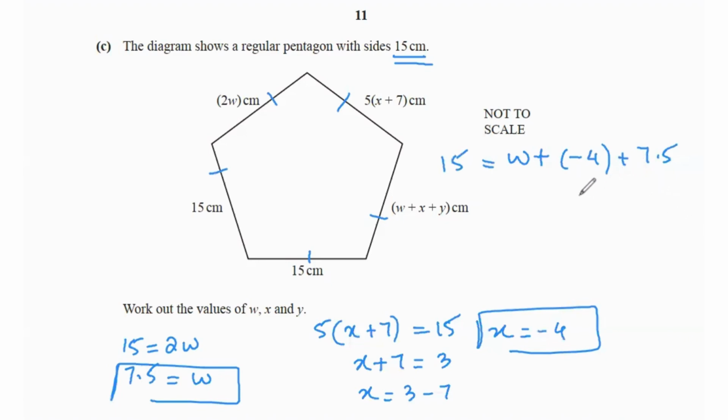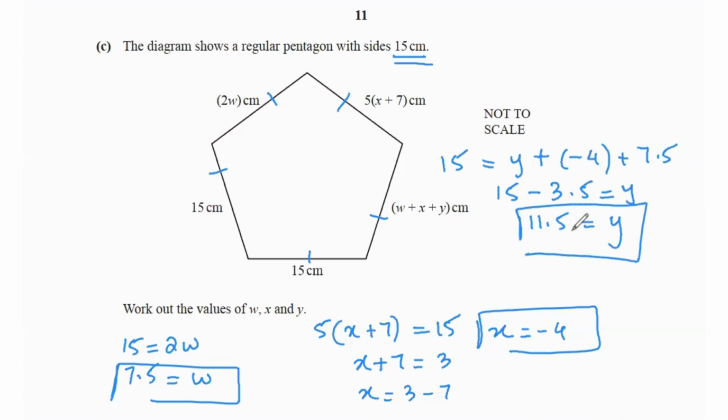So that's going to be 15 minus 3.5, and that's 11.5. Sorry, that was Y, not W. So 11.5 is the value of Y.